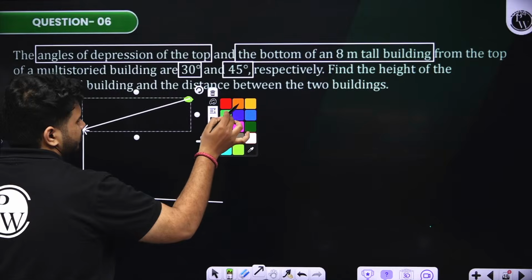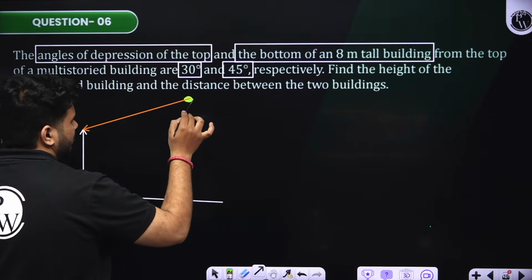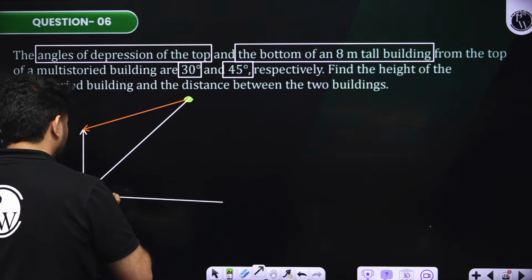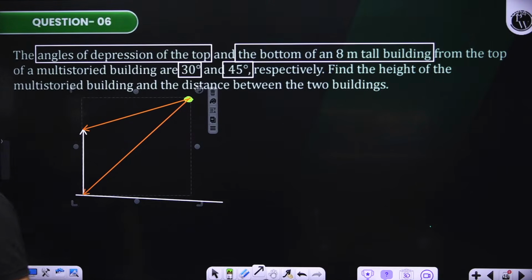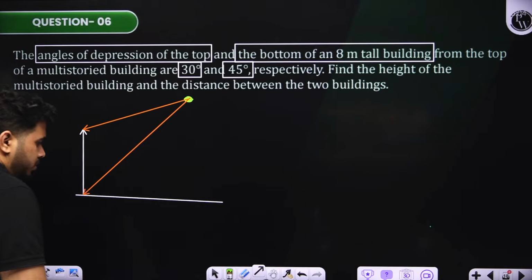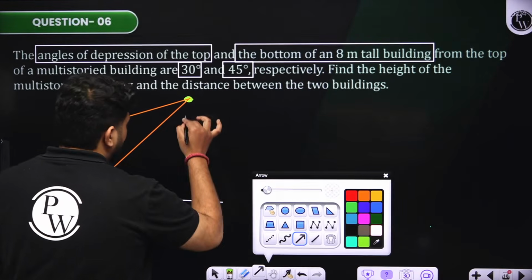This is the top of the building and this is the bottom of the building. Find the height of the multi-storied building and the distance between the two buildings. The angle of depression of the top and bottom of an 8-meter tall building from the top of a multi-storied building.